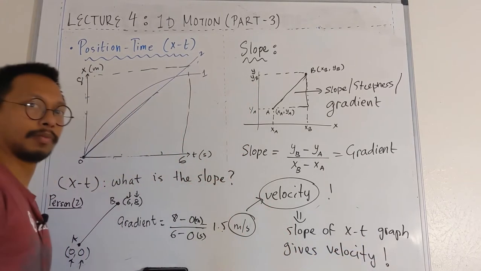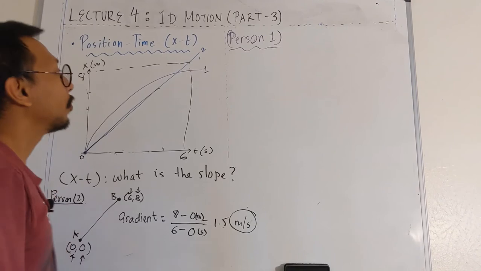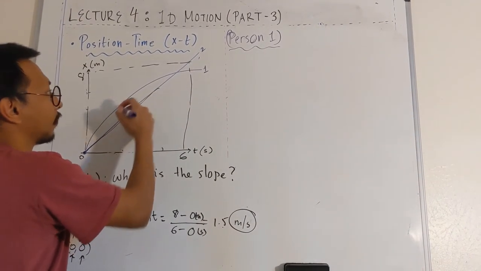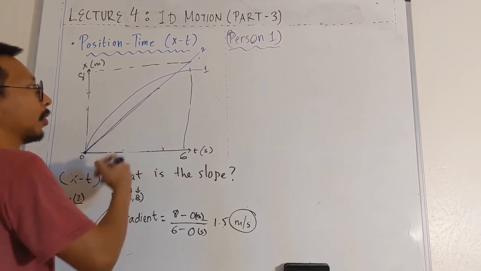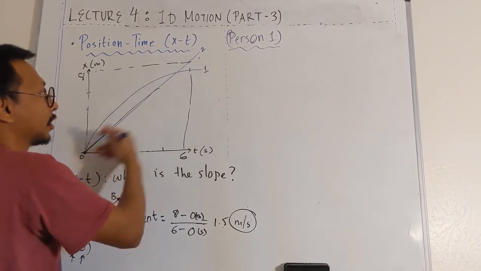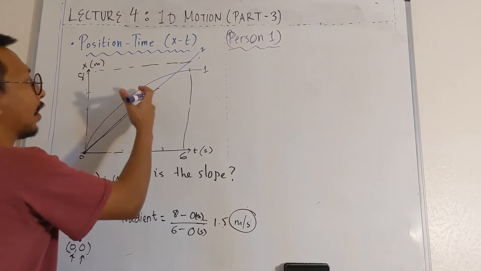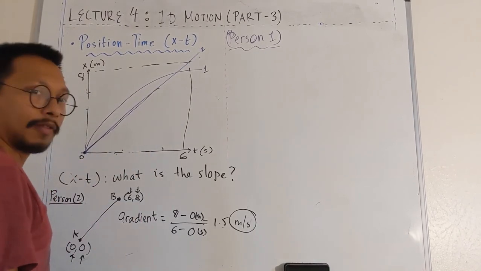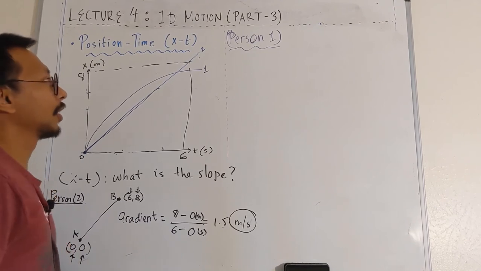Very important to know. Now we want to investigate a region or the time for which the two people represented by these two graphs have the same or similar speeds, or similar velocities. How do we do that?